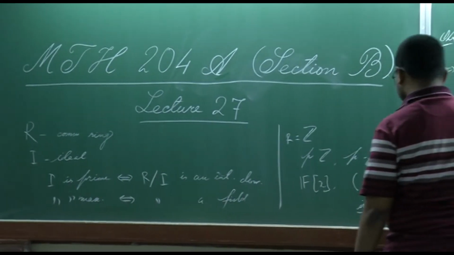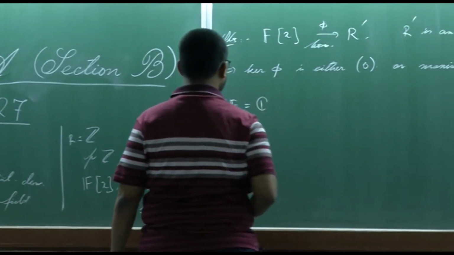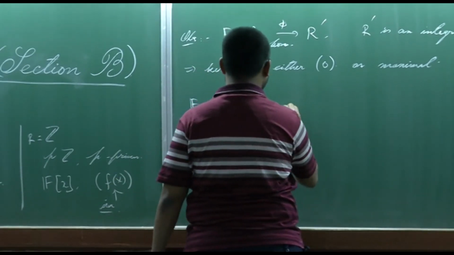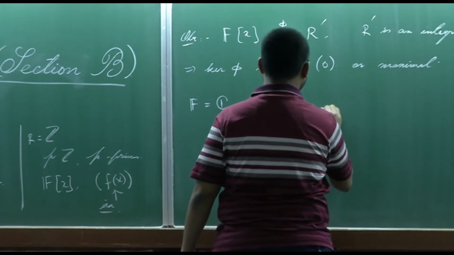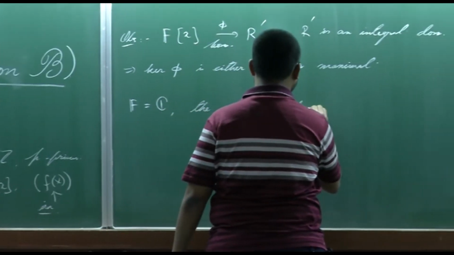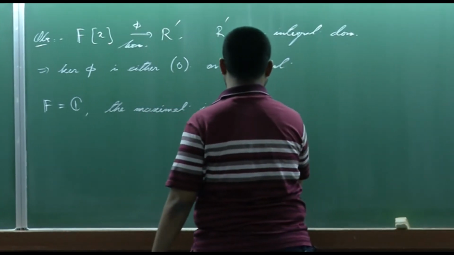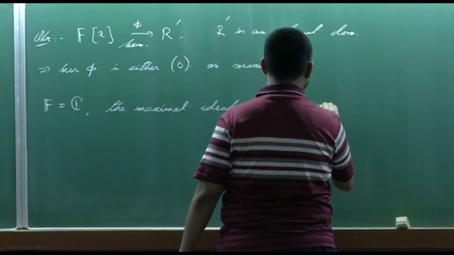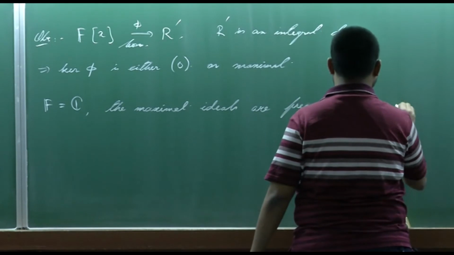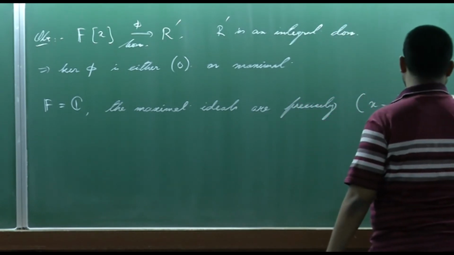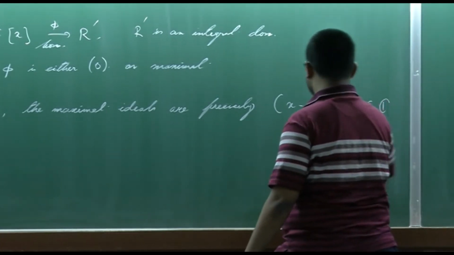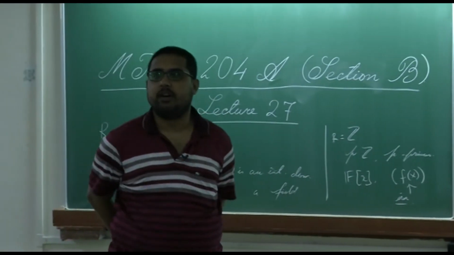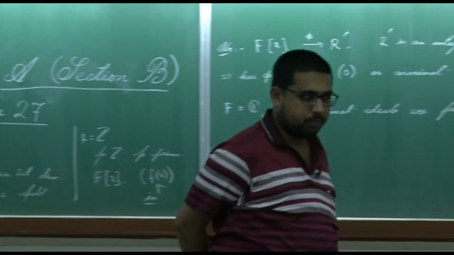Also, one more thing, let us observe here. Let F be C, then the maximal ideals are precisely the ideals generated by x minus a, of this form for a lying in C. Because over C, as an immediate application of the fundamental theorem of algebra, every non-constant polynomial admits a root.